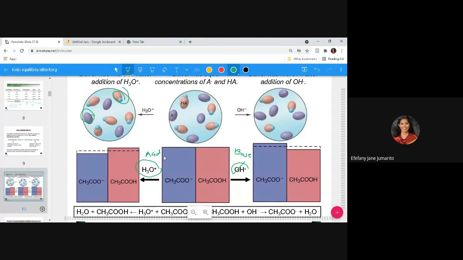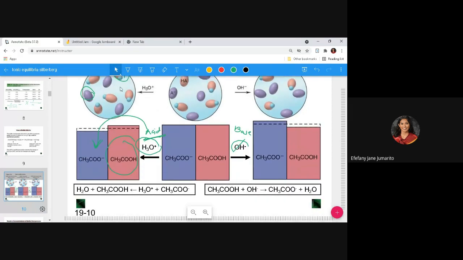Okay, so if we add more acid, it will react with the conjugate base. And then what will happen is we will have more of your CH3COOH. Okay, this one. All right. Now, we have CH3COO minus, it's the same.